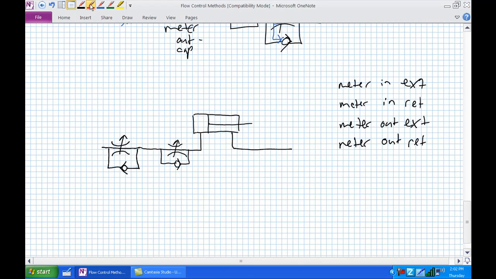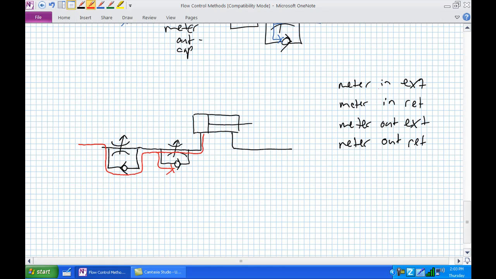So let's just think about when pressurized fluid flow enters the cap end. So pressurized fluid flow is coming along, forces this valve off the seat. Can't go through that way. So I'm controlling the flow rate into the cap end, which is going to extend the rod.